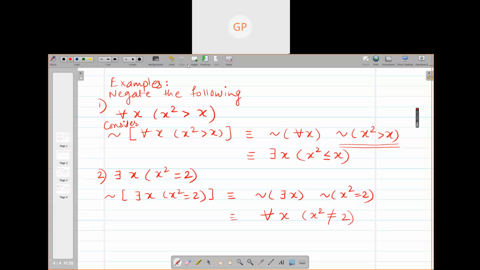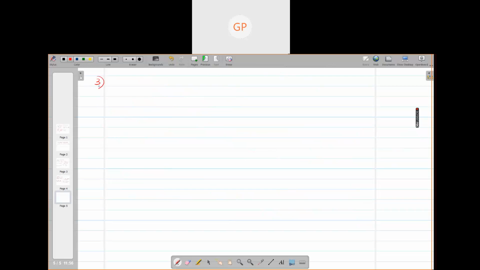Finished writing? Yes, ma'am. Next one. Now there are two predicates. Earlier there was only one predicate, so we had only one quantifier in the previous examples.